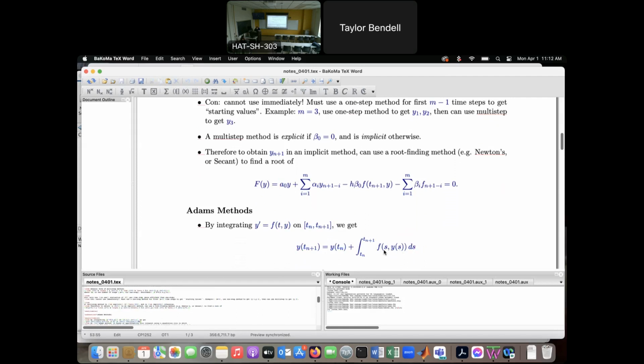But it's not practical to try to evaluate this integral because I know the solution value at Tn, but this integral depends on the value of the solution that I don't have yet. I don't know what to plug in here. So the idea behind Adams methods is to approximate this integral.